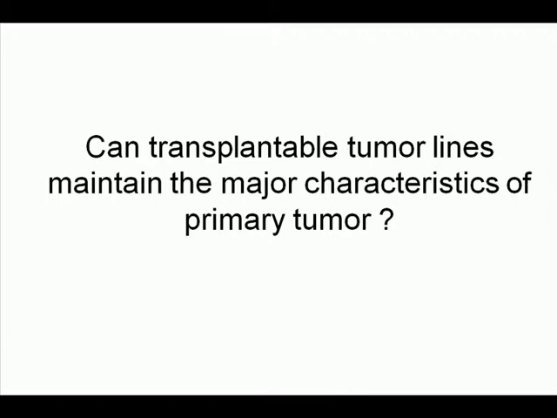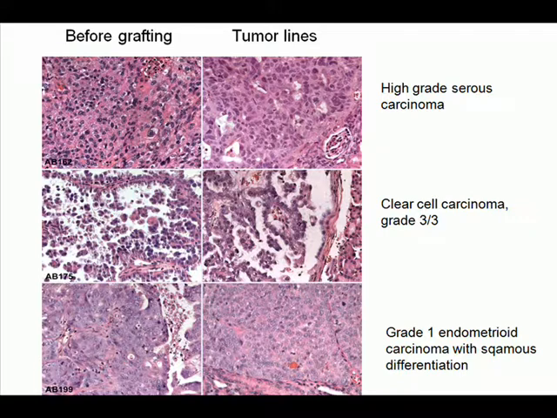Those kinds of models are going to be really convenient because they expand nicely. But the question is how far they have gone, and whether they still maintain similarity to their donor tissue. So this is an example from ovarian cancer, and before grafting, those are the tumor lines we call. Once we call them tumor lines, they have already passaged in animals for 5 generations.